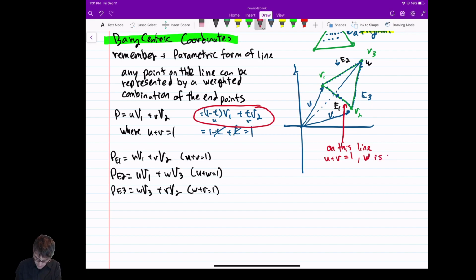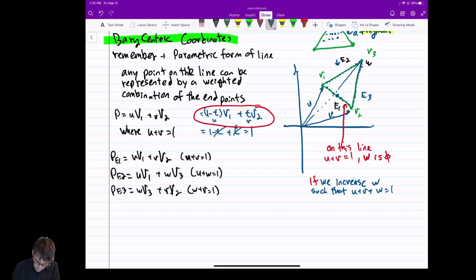W is 0. Okay. So on this line, u plus v is 1 and w is 0. But what if, and red's a terrible color, we increase w, as long as we keep our constraint, except I'm going to expand it such that u plus v plus w is 1, what happens?